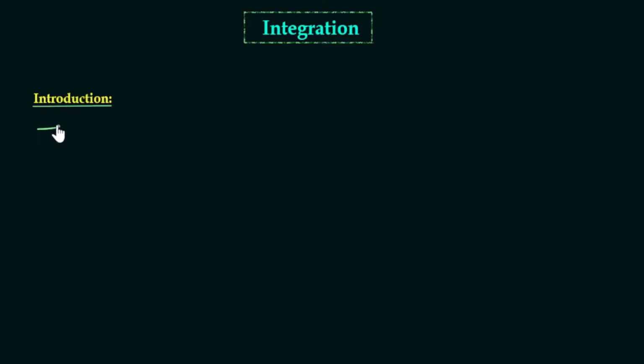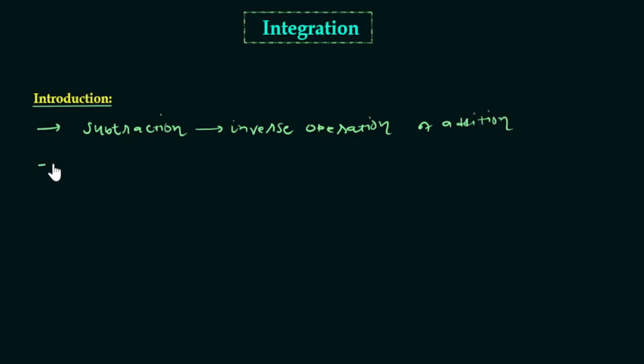Okay, so basically, we know that subtraction is the inverse operation of addition, division is the inverse operation of multiplication.